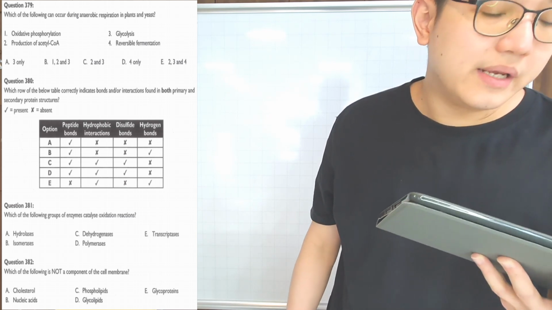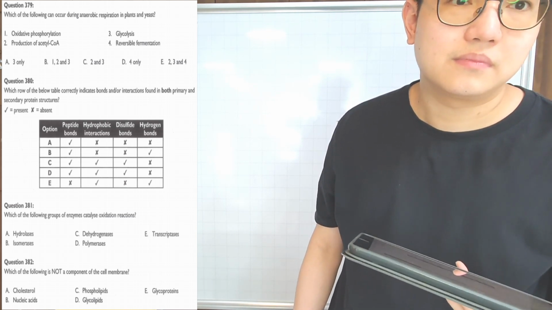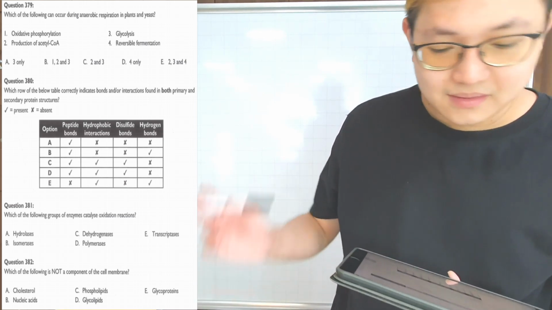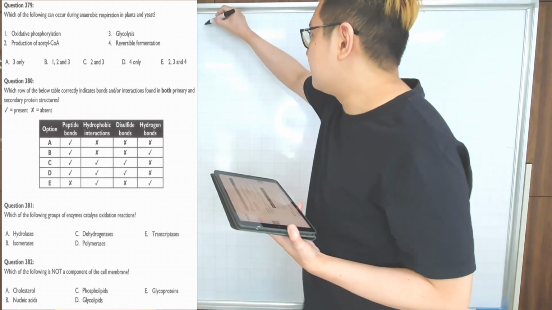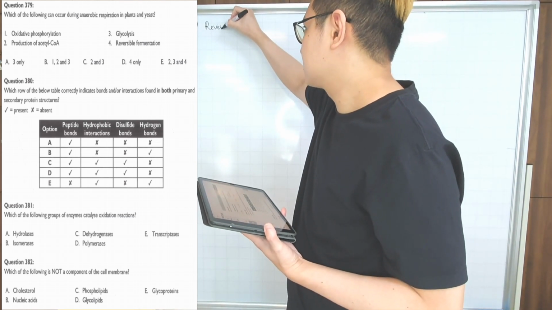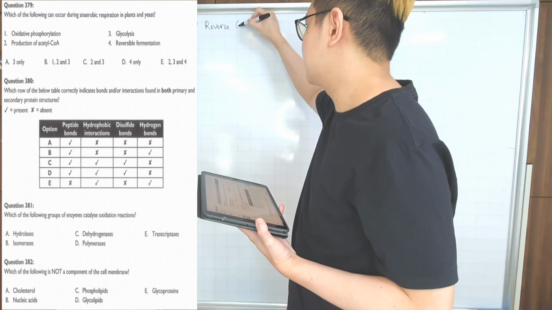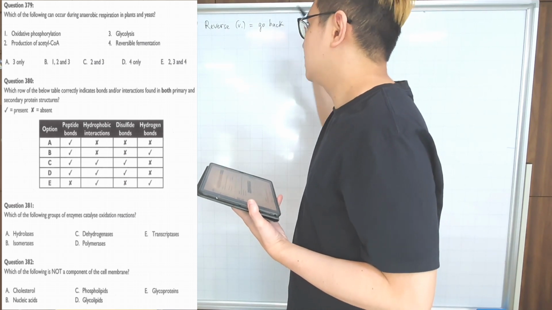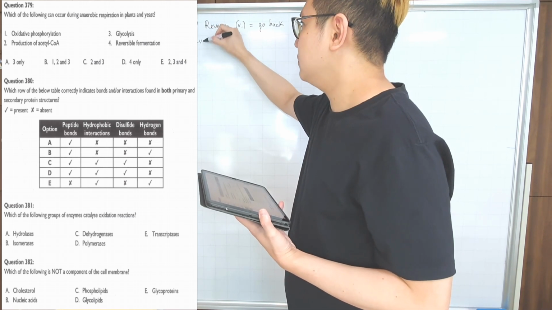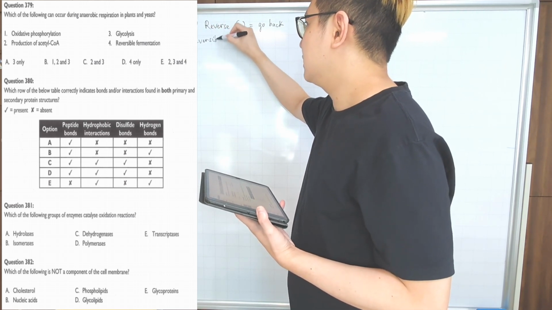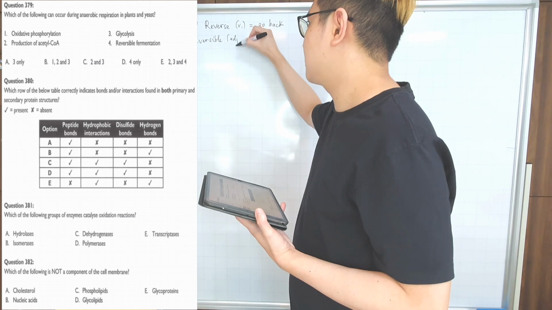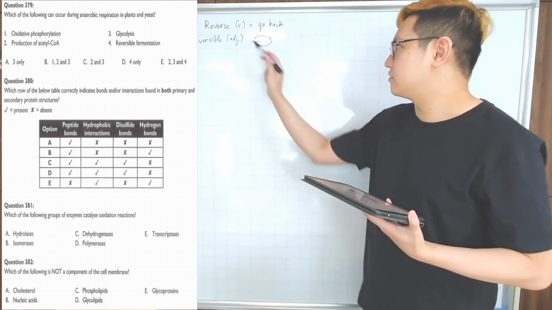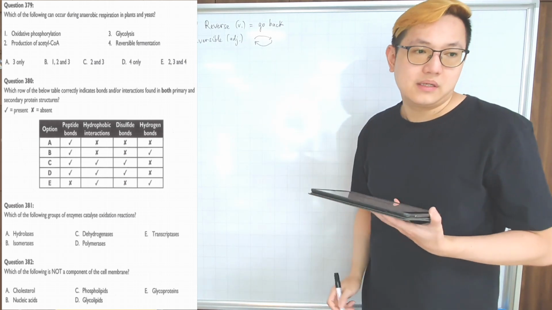Number 4, reversible fermentation. You know what reversible is? To reverse. Reverse means to go back. So reversible means it's able to go backward.